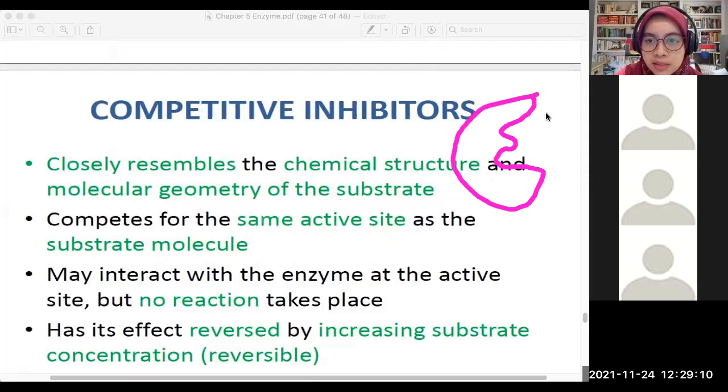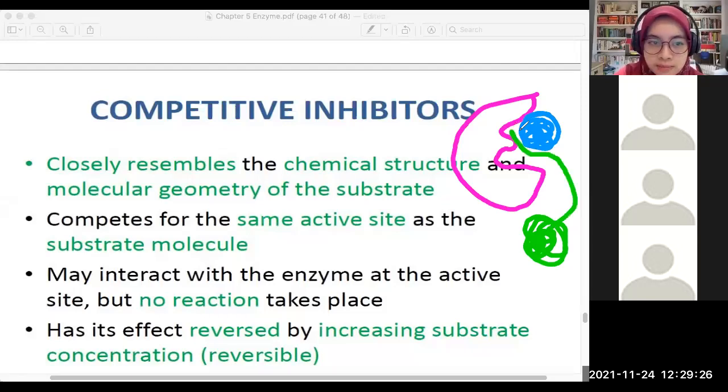We have the substrate, the blue one. What will this inhibitor do? It usually has the same shape as the substrate so that it can bind to the active site, competing for the same active site as the substrate molecule.